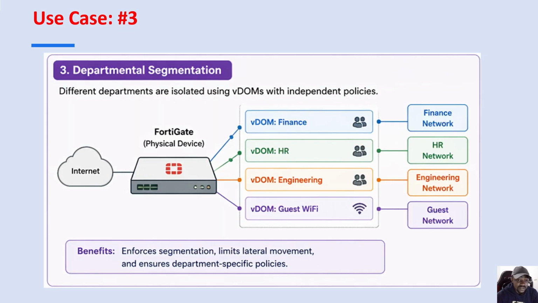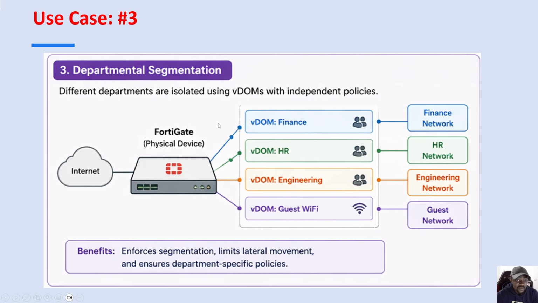Another, third use case here is departmental segmentation. In most cases you can also use VLANs to resolve this issue, right? But the advantage of using vDOMs instead of VLANs is if you need each of the vDOMs to have its own firewall policies.